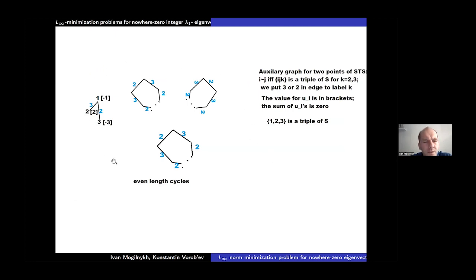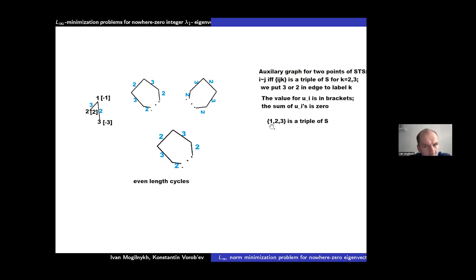We have points 1, 2 and 3 of our Steiner triple system, and we consider an auxiliary graph for the other points. We connect two points i and j with an edge labeled by k if there is a triple i, j, k in our Steiner triple system.